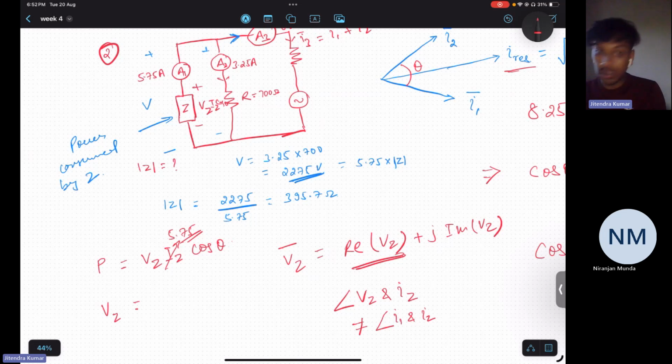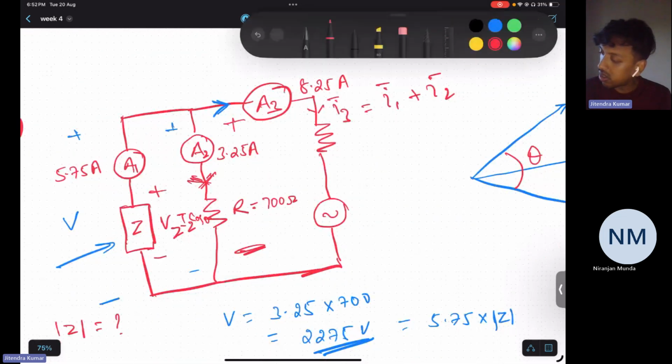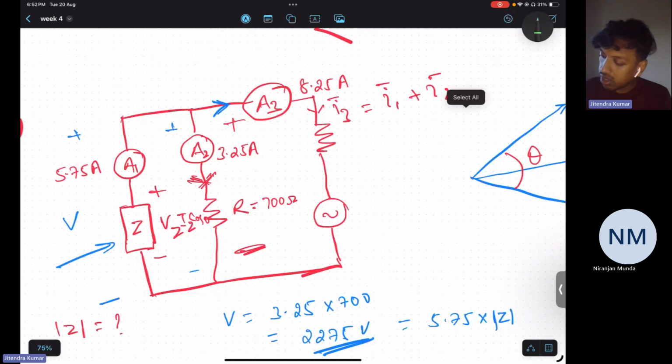So to do that, we just need to find out the real value of Vz. And the real value of Vz will be how much? It will be equal to this much. Because this real value of Vz will give you the value of 3.25 into 700, because the parallel branch, parallel to the first branch, let me see, this is the first branch which has real and imaginary.